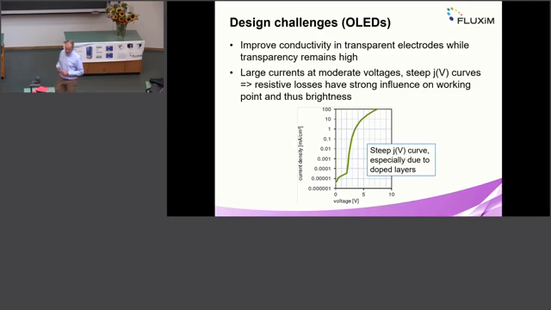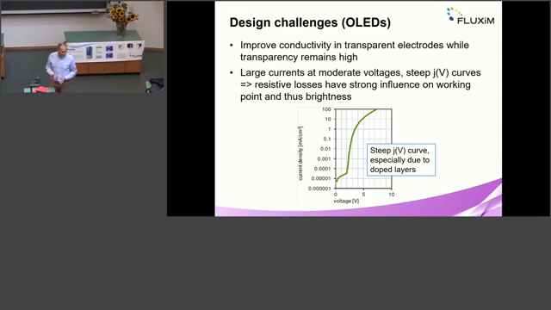So in terms of OLEDs, the problem is that the JV curves of the OLEDs are quite steep, right? This can be a really steep JV curve above the turn-on voltage. And if you imagine you have a large OLED panel and the voltage drop between the two electrodes slightly varies here, then you will have a very different current density, and in relation to that also a different light intensity.